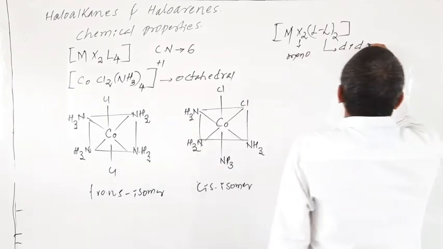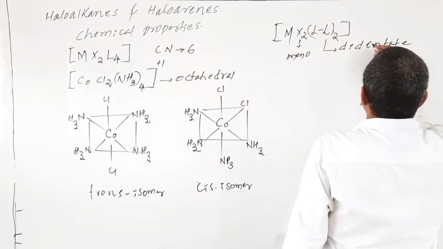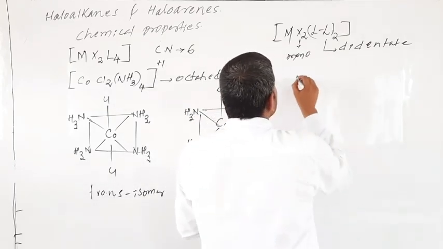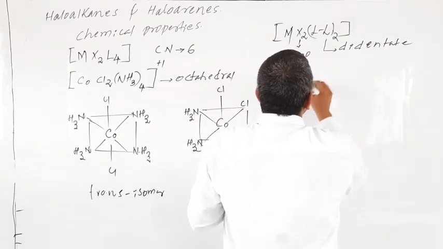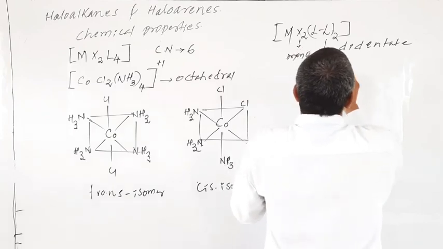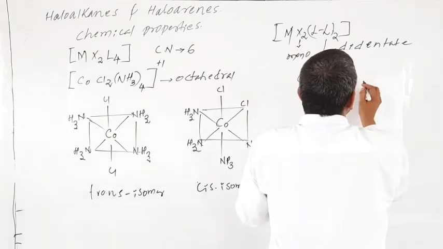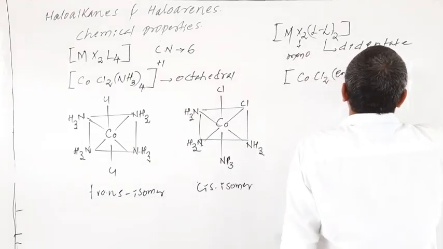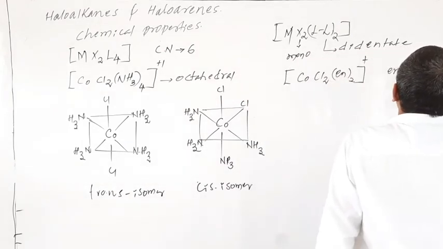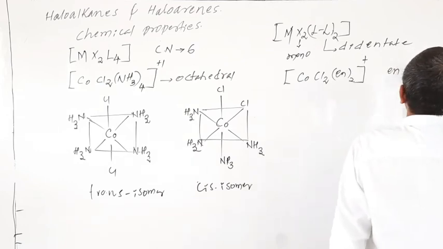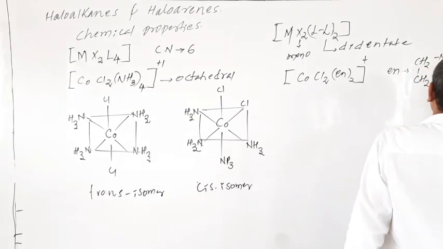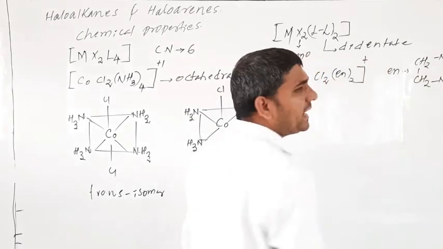For example, I will take the example of such a compound, CoCl2 en. En means diethylamine. We will study these in the theory part.